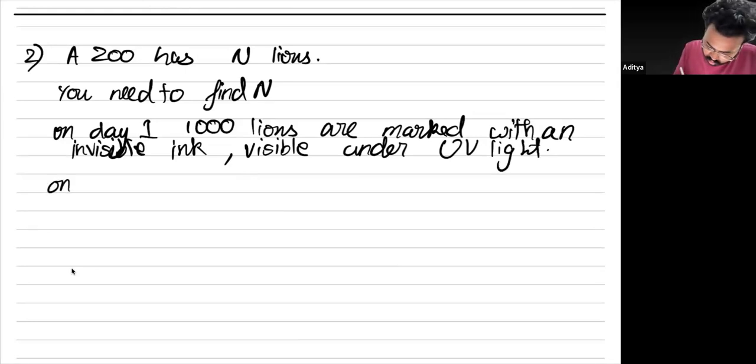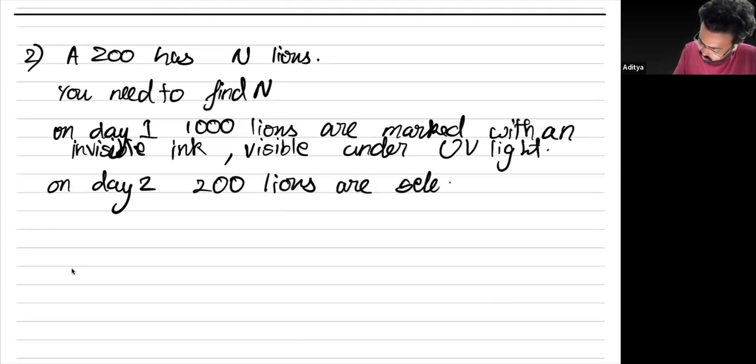On day 2, 200 lions are selected. Not from the 1000 lions that are marked. From the total population, you are selecting now 200 lions, it's a random sample.